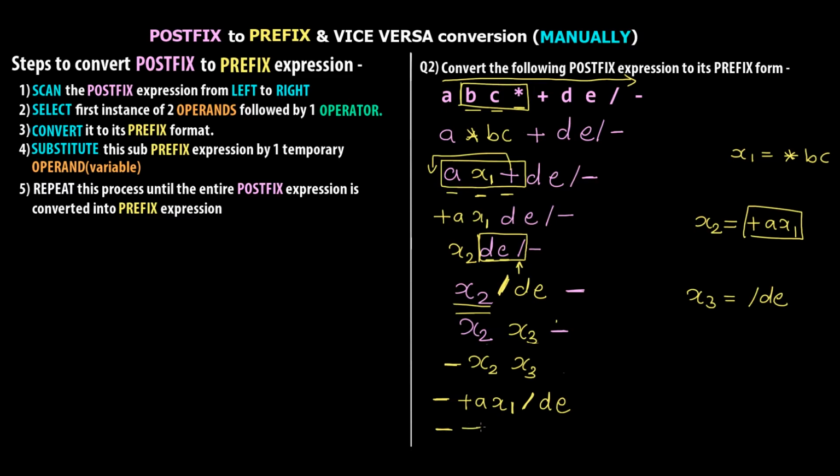So I'm going to say minus plus A. Then we have x1's value. So x1's value is star, that is multiplication basically, BC. Then we have divide by, then we have D, and then we have E. Okay, so this was the final answer of this postfix expression, which is converted to its appropriate prefix format.